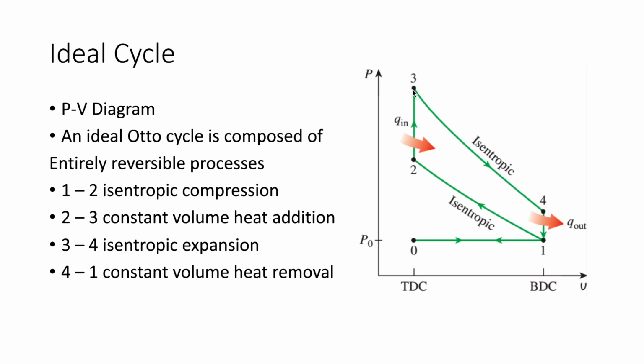At 3, we're still at top dead center, and from 3 to 4, we'll have isentropic expansion. As you can see, the volume increases, and then at 4, the piston head is back at bottom dead center. From 4 to 1, we'll model this as heat out of the system. Normally this would be the exhaust stroke, but for this purpose, it's heat out of the system.